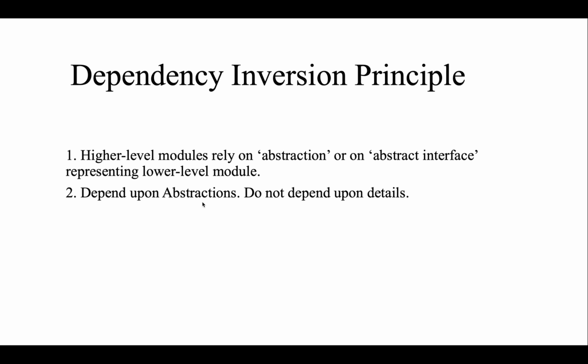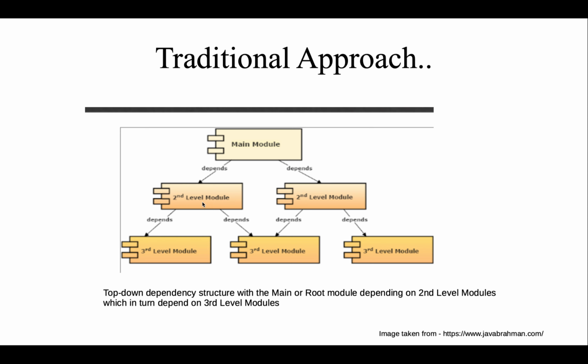Now we will see how the dependencies were organized in a traditional system, so that we will have a clear picture or comparison with the dependency inversion approach. In a traditional system, we had a stack of modules, a layered dependency structure, wherein the topmost module was dependent on the module next to it, and this goes on.